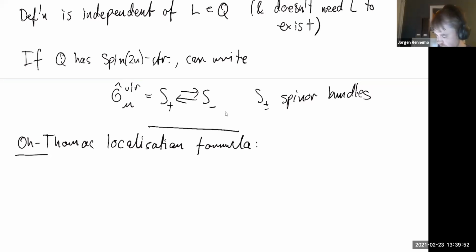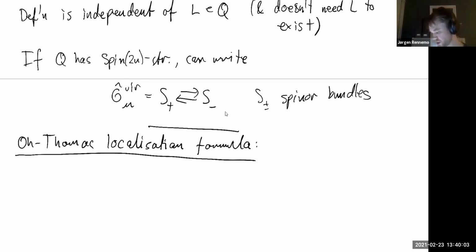They give a general localization formula for computing these symmetrized virtual structure sheaves, for a general T action on a moduli scheme, and it doesn't have to be in the standard model. They work more globally. But let's stick to our simple example.